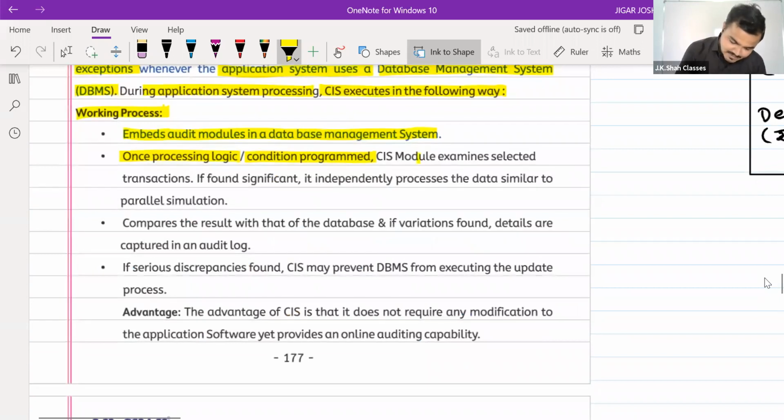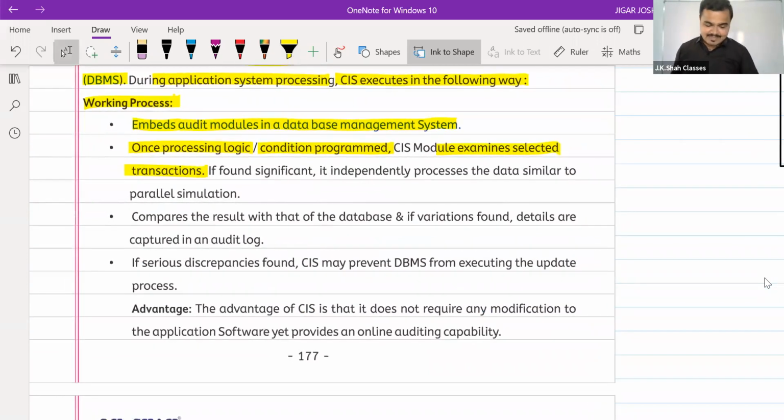CIS examines the selected transactions. So we take a trial and ask the system to verify a few transactions. If it is found significant, correct, everything is going perfectly, it independently processes the data, which is similar to a parallel situation. So all the similar data will start processing automatically.